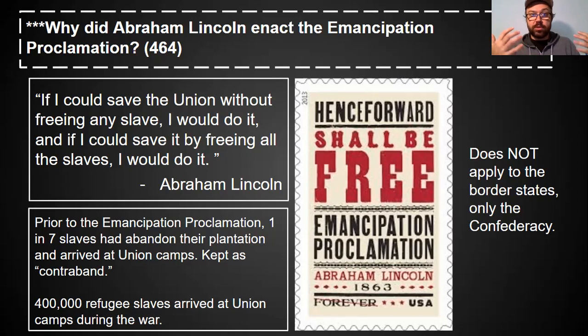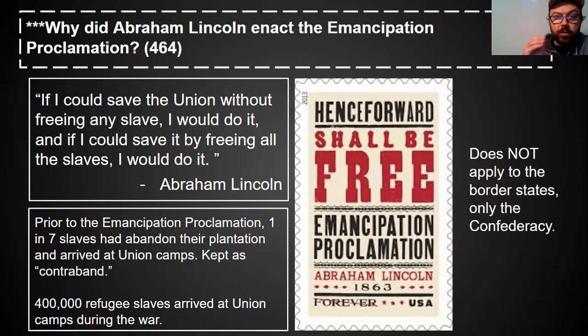One of the goals of the war is to kill their economy through the blockade. But if they don't have slaves working on the plantations, the whole economy is going to collapse. So he sends a letter to Lincoln and says, here's an idea. And Lincoln's like, that's brilliant. So Lincoln signs something called the Emancipation Proclamation, which becomes a law, on January 1st, 1863.